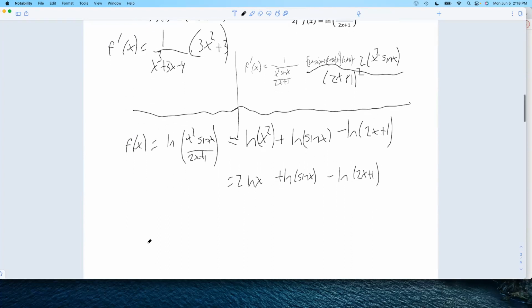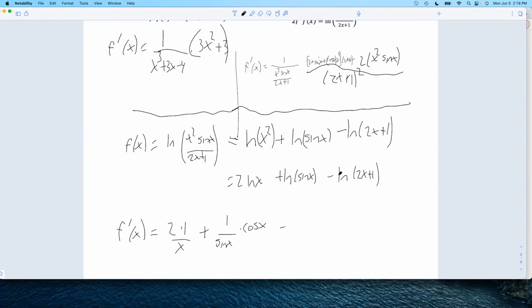Right. Now, when I go to take the derivative, it's going to be much easier. This 2 just comes along for the ride. The derivative of natural log of x is 1 over x. The derivative of natural log of sine is 1 over sine times the derivative of sine. Derivative of log of anything is 1 over that thing times that thing's derivative.